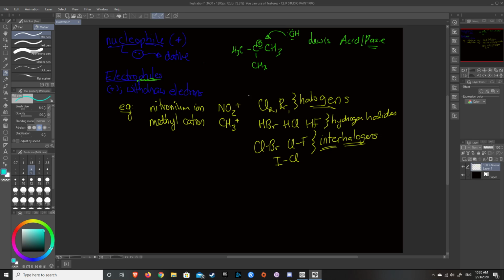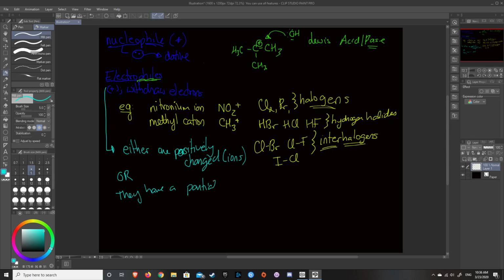Okay, so basically what we need to know is that electrophiles are either positively charged, which means they're an ion, or they have a partial positive charge.